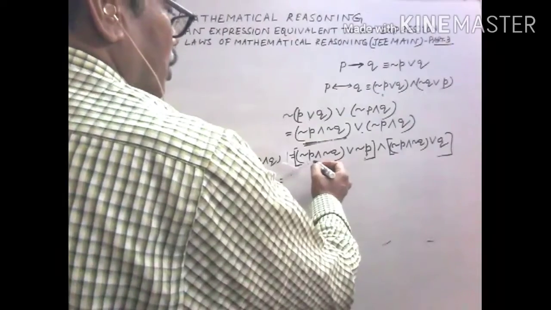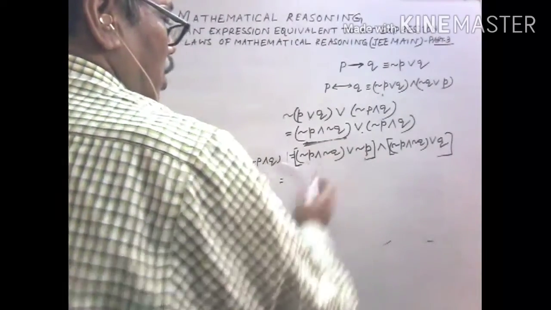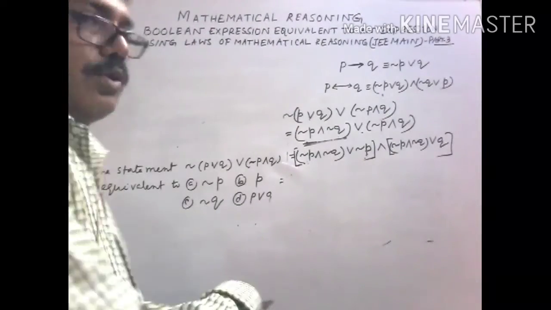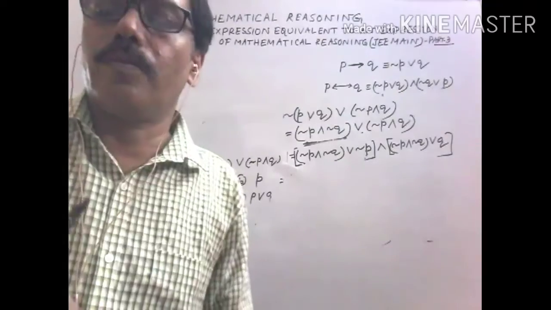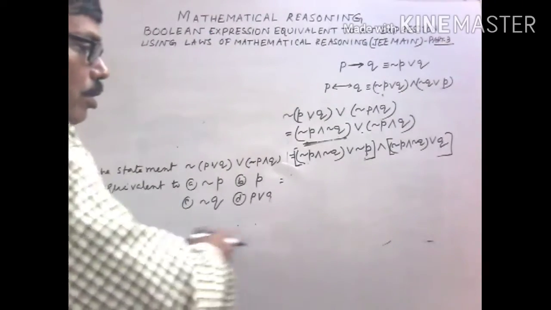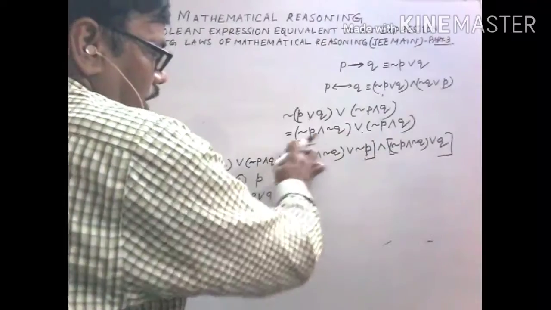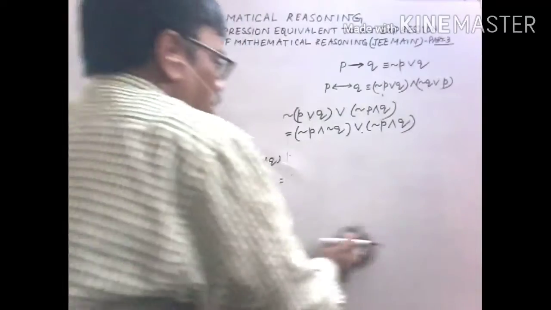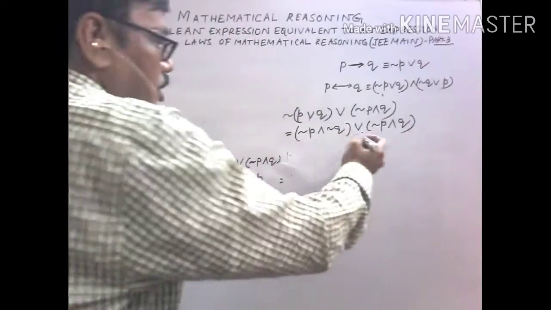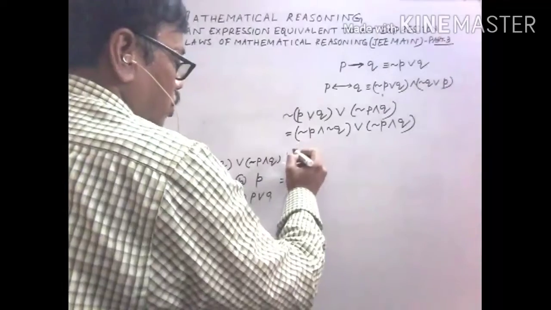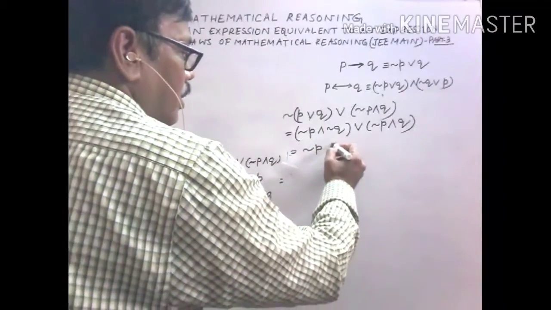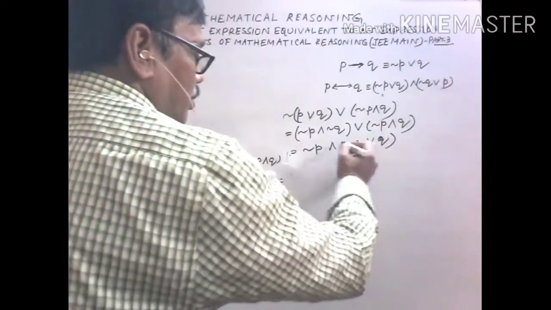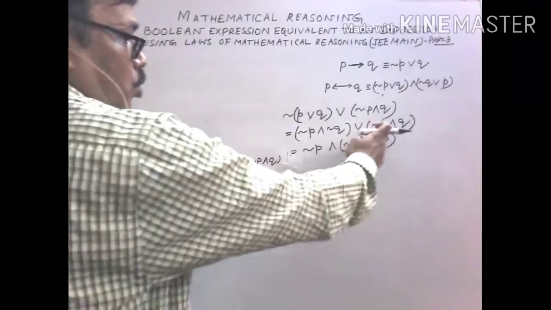So look, this one is common, this one is common. If we don't expand, we can simplify here. This expression is equivalent to negation P intersection negation Q, union this. So negation P two times.